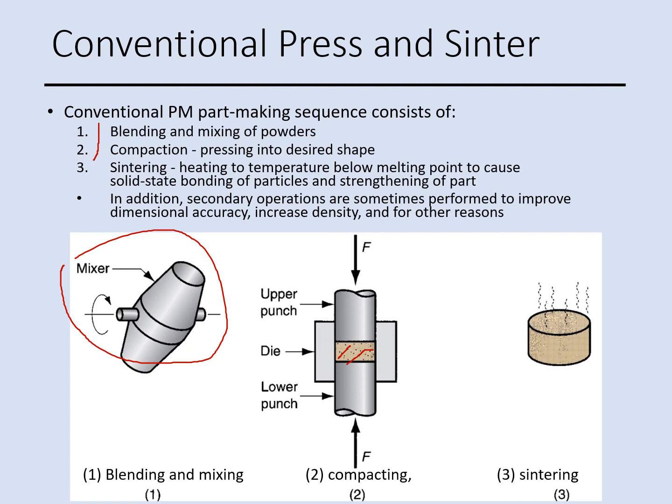The next step is placing the green part in an oven, or a furnace, and raising the temperature to a certain point, and the particles will bind together and create a solid product.